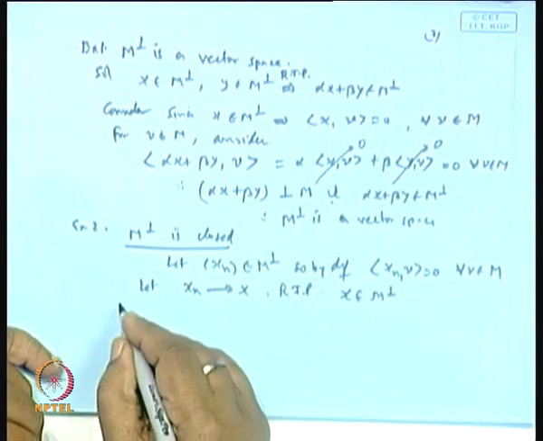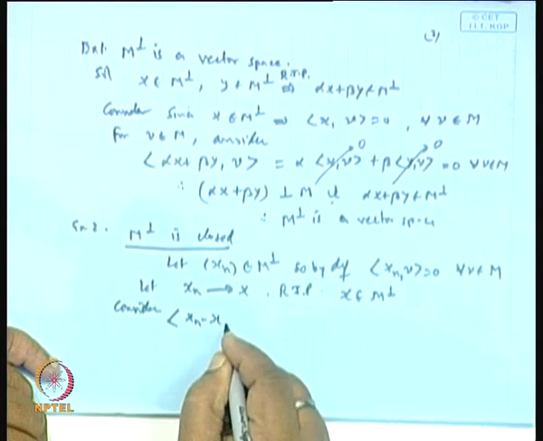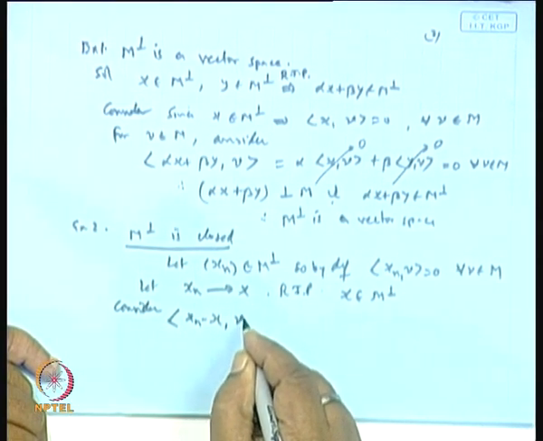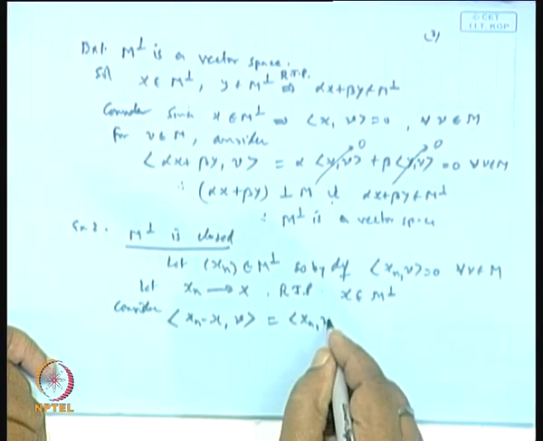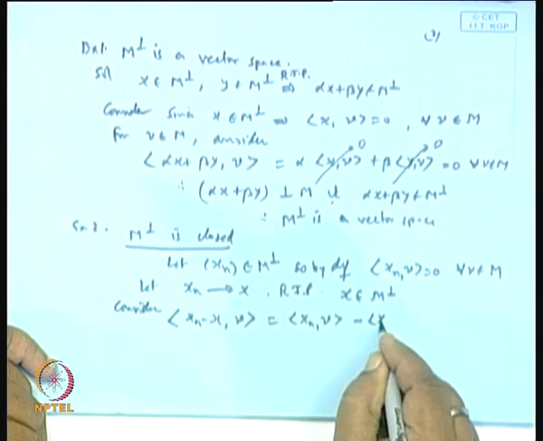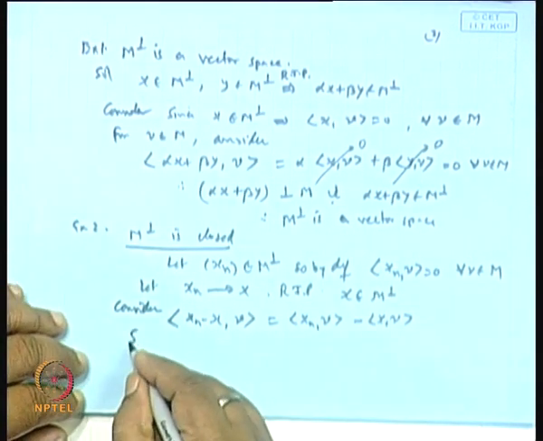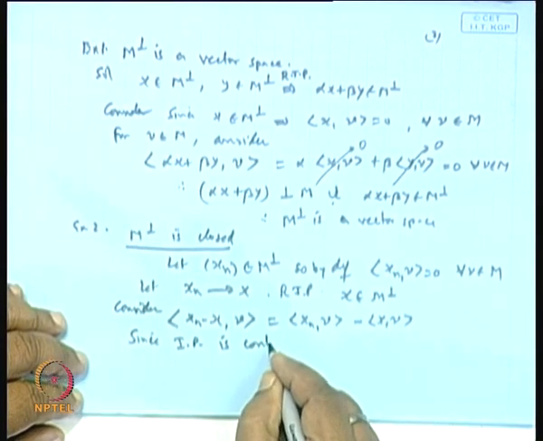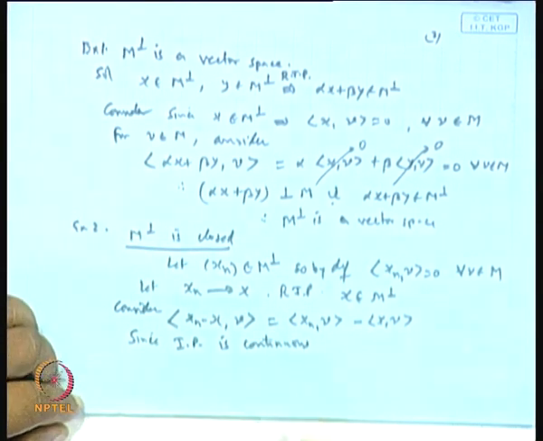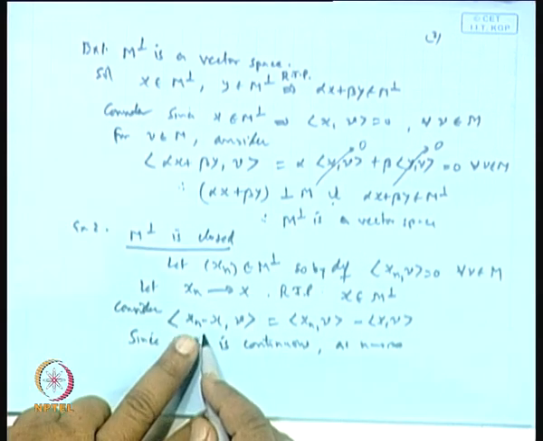Okay. So, consider the inner product of x n minus x comma v. This can be written as the inner product of x n comma v minus the inner product of x comma v. Now, since the inner product is a continuous function, is it not? As n tends to infinity, x n converges to x.